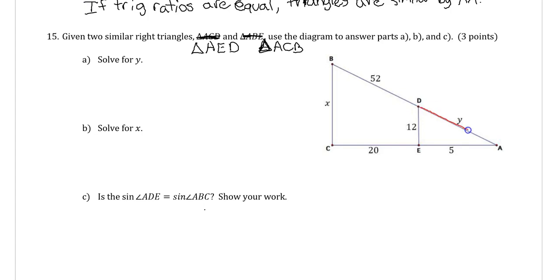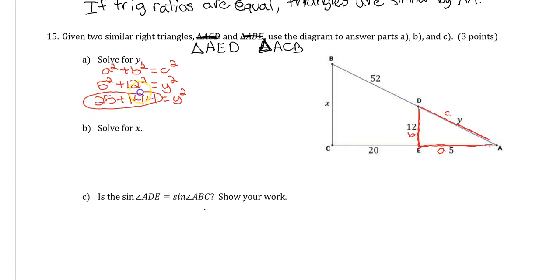Okay, so y is part of this red triangle. So all I'm going to do to solve for y is use Pythagorean's theorem. Okay. So I have a squared plus b squared equals c squared. I have 5 squared plus 12 squared equals y squared. 5 squared is 25. 12 squared is 144.